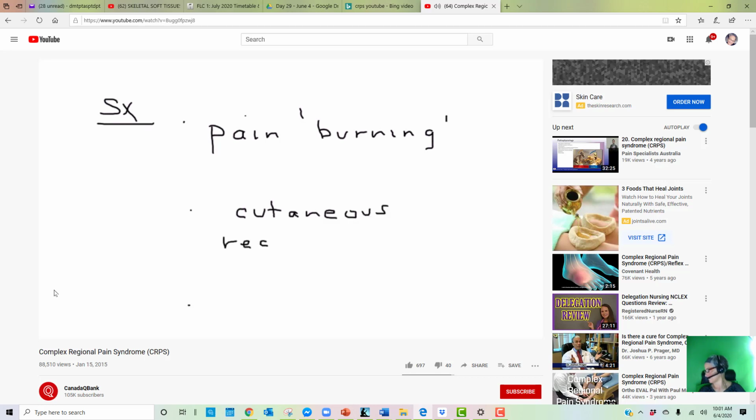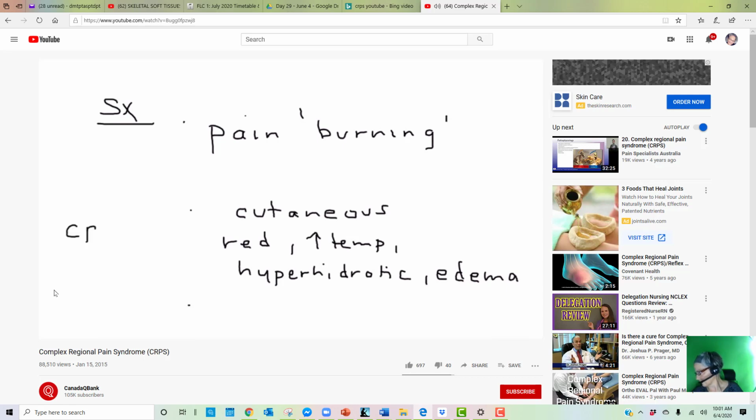The skin can be red, the skin can have an increased temperature, the skin can be hyperhidrotic, meaning there's sweat, and there can also be edema. I encourage you to look up a picture of CRPS1 online, and you'll see what this looks like. And then also the range of motion can be decreased.